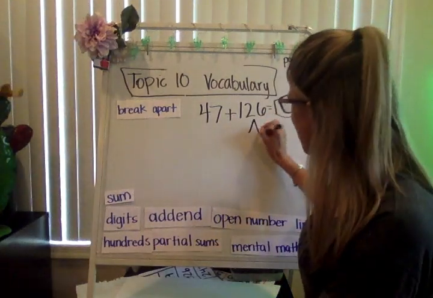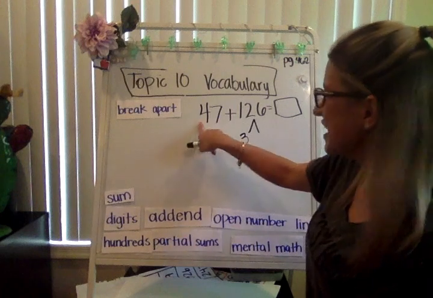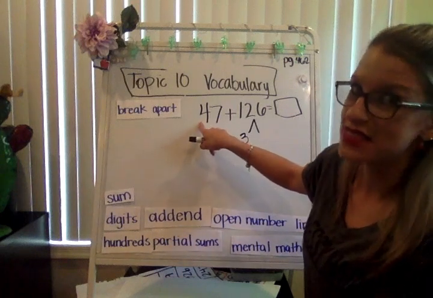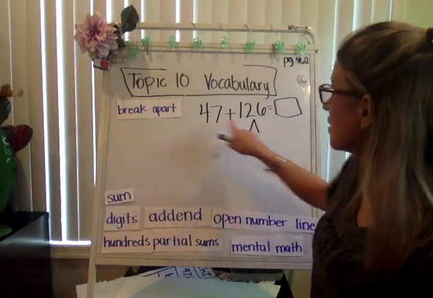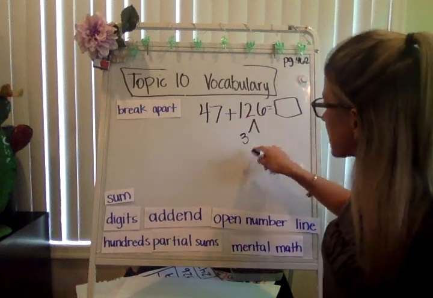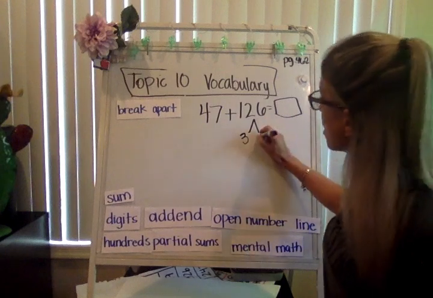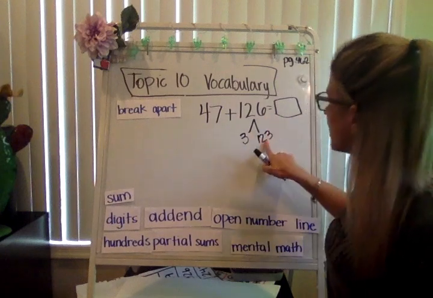So I need to take 3 from this number, and I need to give it over here to this 47. If I give those over here, it's going to leave me with a smaller number on this side of the 126. So I have to be thinking 3 plus something equals 126. When I do that simple math, I know that it would be 123.